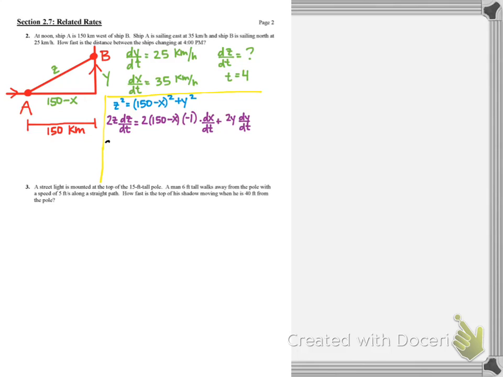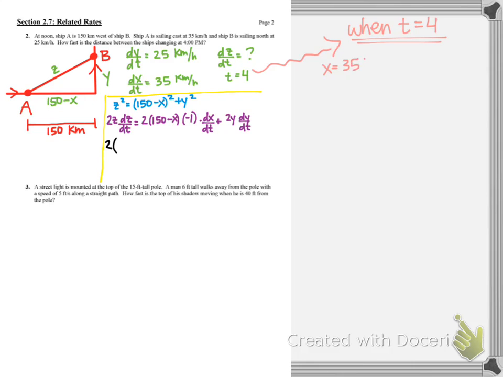Now that I have that, I will plug in values I know. I need to find z. I'm not currently given z, but time is 4. So when time is 4, I'm able to find out what z will be.